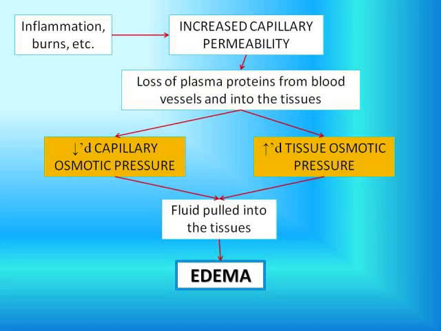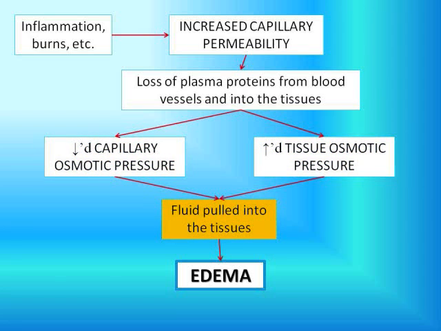So we have a decrease in capillary osmotic pressure and an increase in the tissue osmotic pressure. The proteins have moved from the blood system into the tissues. So the fluid ends up being pulled into the tissues and we get edema.